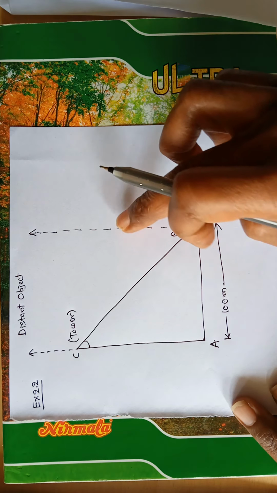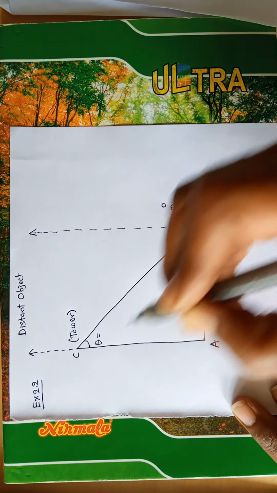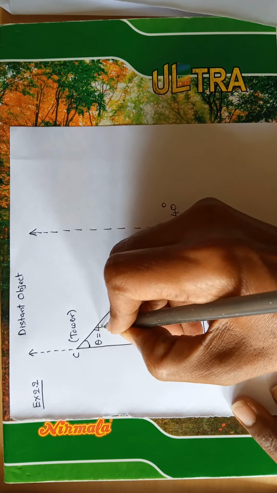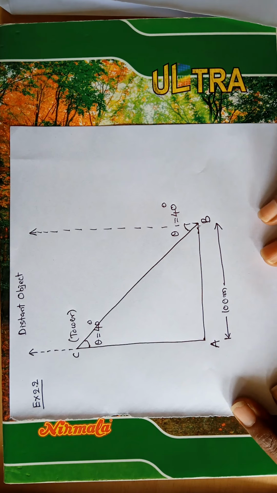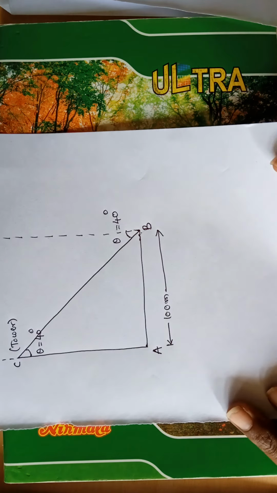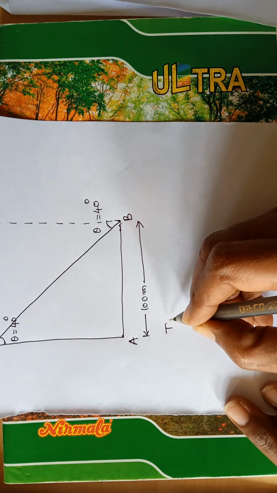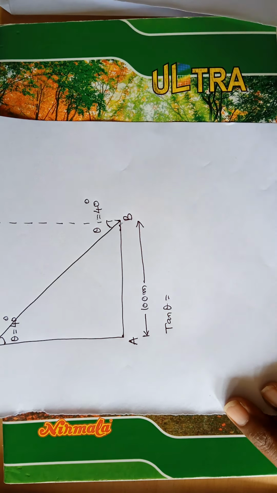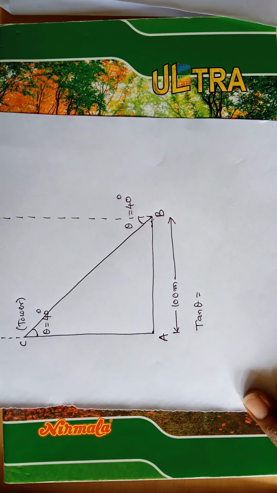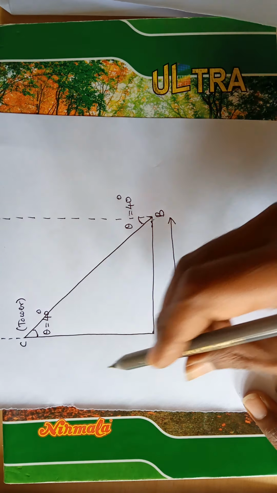If these two are parallel lines, the alternate angles will be equal. If this is 40 degrees, this also is 40 degrees. Now, if you write tan theta, opposite by adjacent.